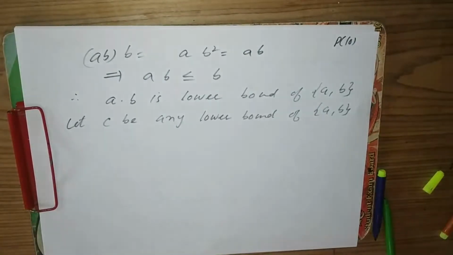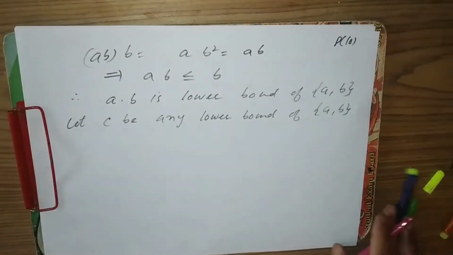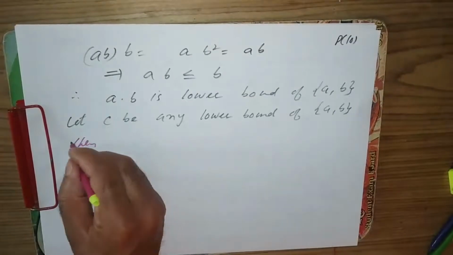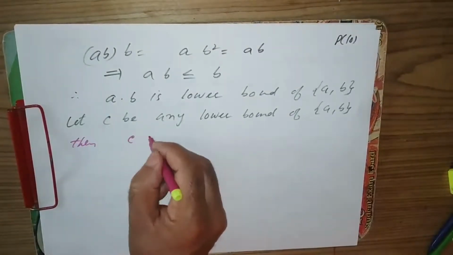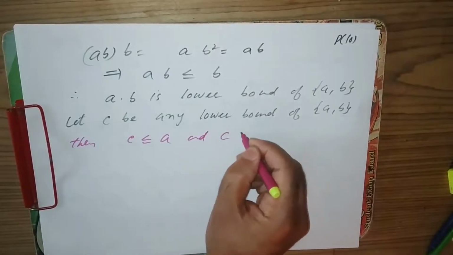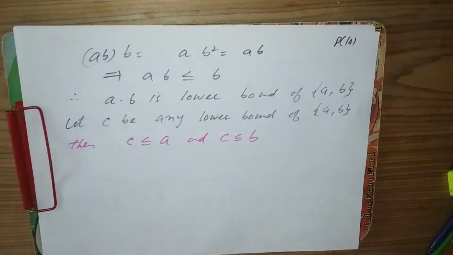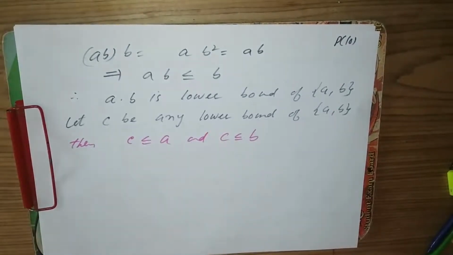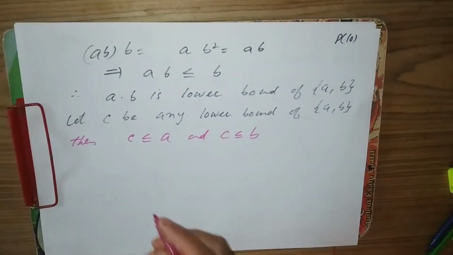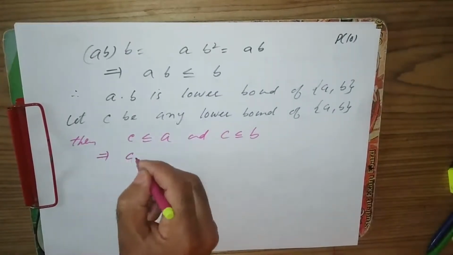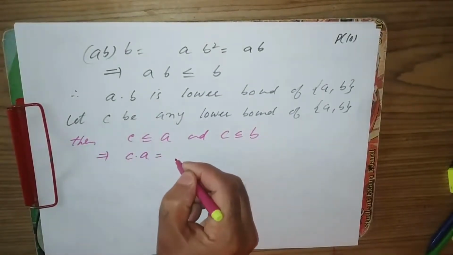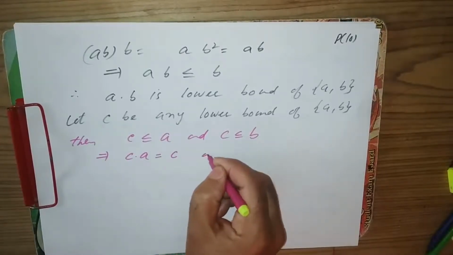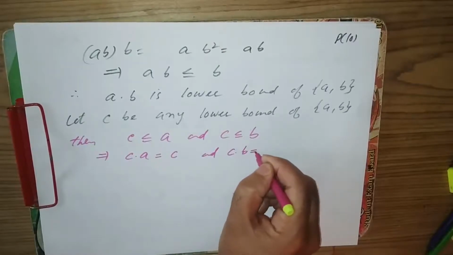Since C is a lower bound, it means that C is less or equal to A and C is less or equal to B. C less or equal to A means C dot A is equal to C, and C dot B is equal to C.